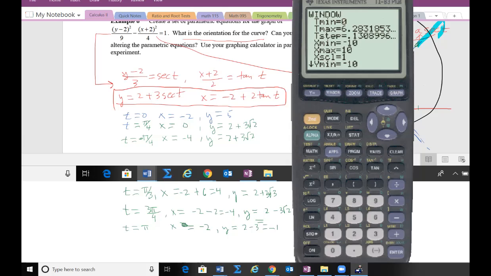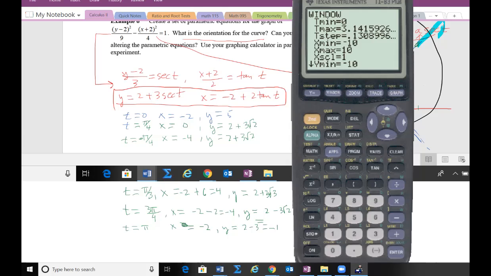But what's interesting is if you slow that down a little bit, and let's say we made it only to pi, just for the fun of it. Let's make that pi instead of 2 pi. Okay, and then that's good enough. Let's see what happens here.